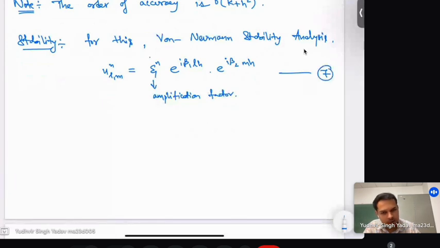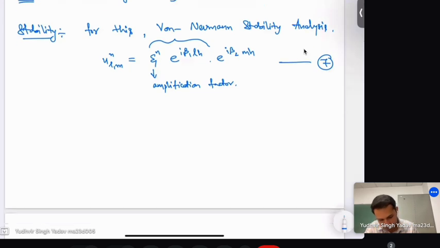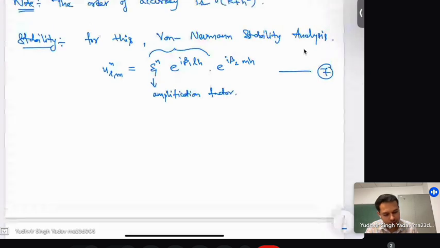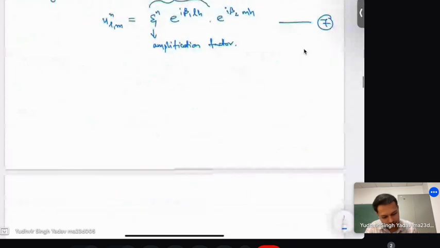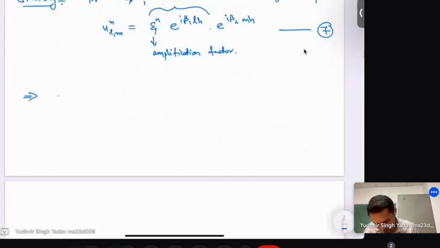While in the case of the one-dimensional heat equation we were using only this part, in the case of the two-dimensional heat equation we will use the solution in this form. Now, after you substitute this form in equation number 6, you can directly arrive at the form of xi, as for the one-dimensional case we obtained xi.